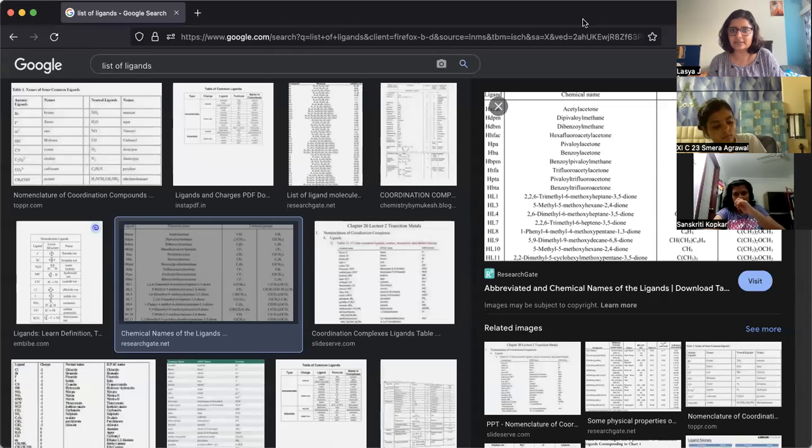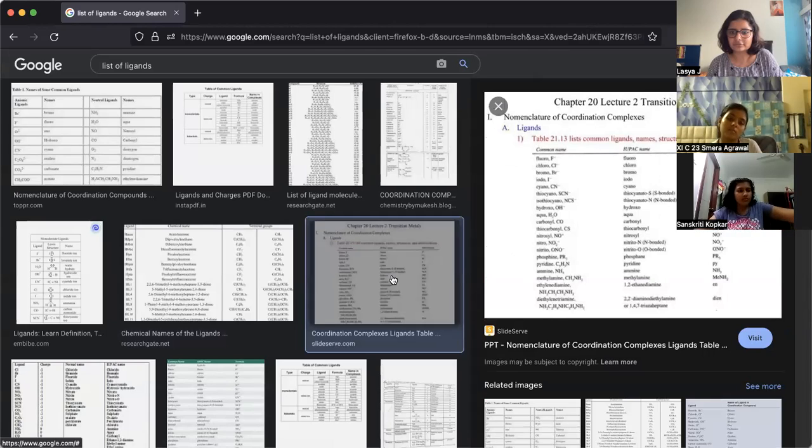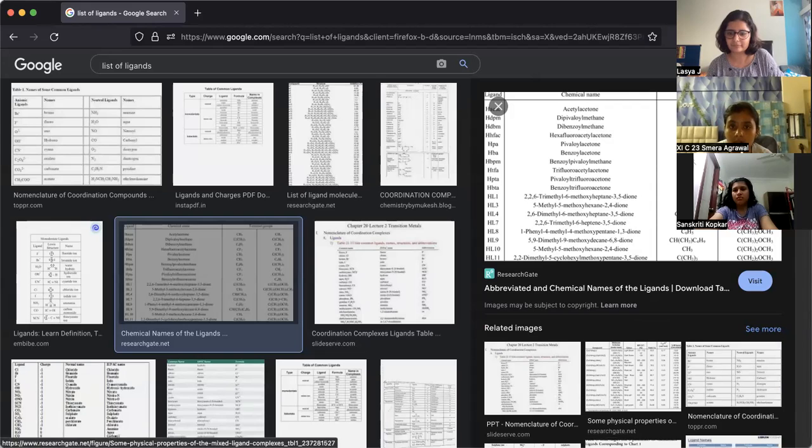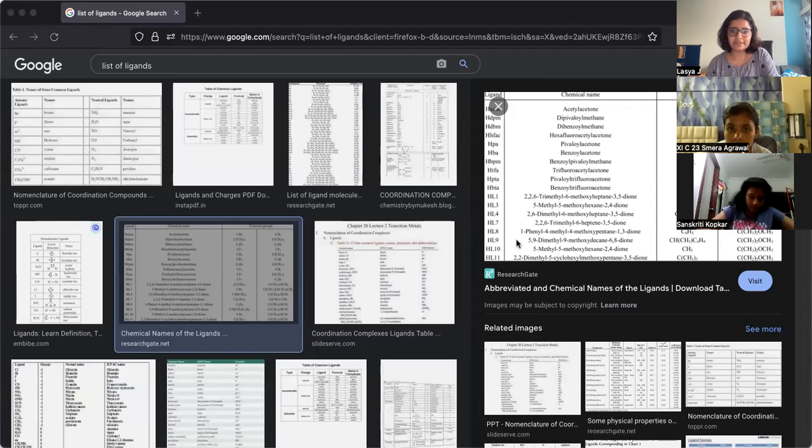So before I talk about the rules of nomenclature, can you guys write down something comprehensive. I'll give you guys a table of different ligands, with the IUPAC nomenclature, what short form it has and how it should be named.